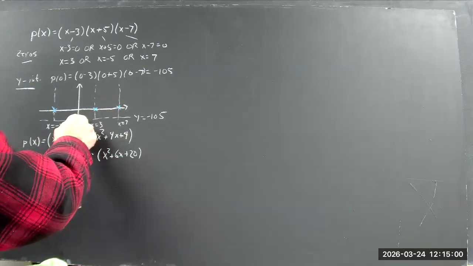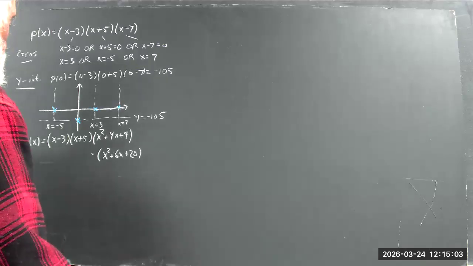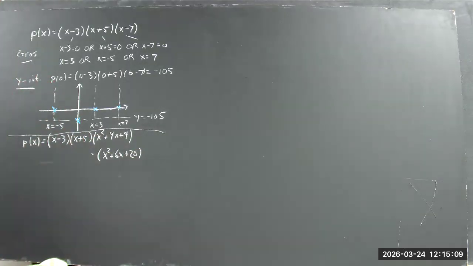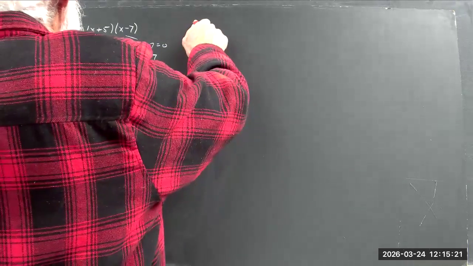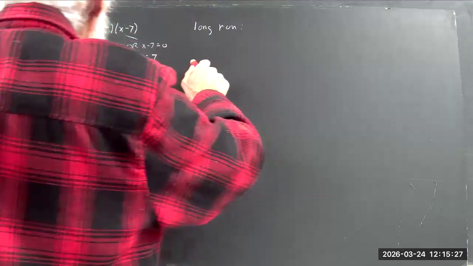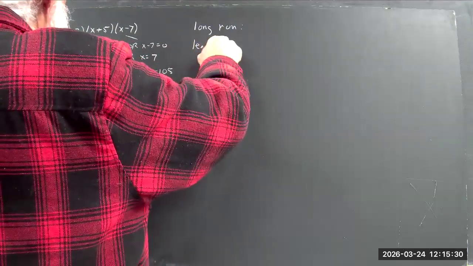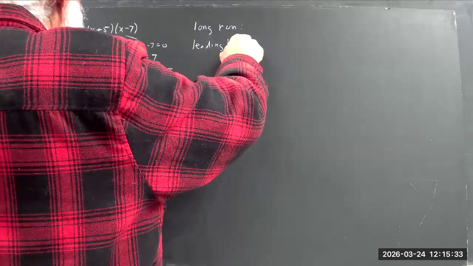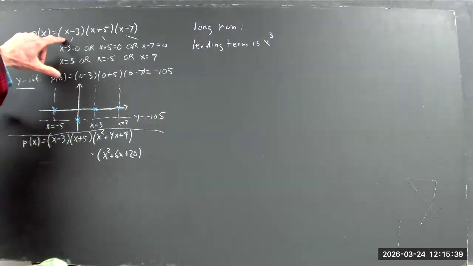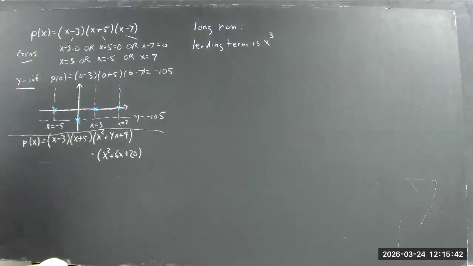So that gives me 3 points on the x-axis and a point on the y-axis. And everybody got the points on the x and the y-axis, and everybody made a plausible attempt at drawing the graph. But you got to know what the long run behavior is. So long run, the highest power term is x cubed. Because you're going to have an x from here, an x from here, and an x from here.